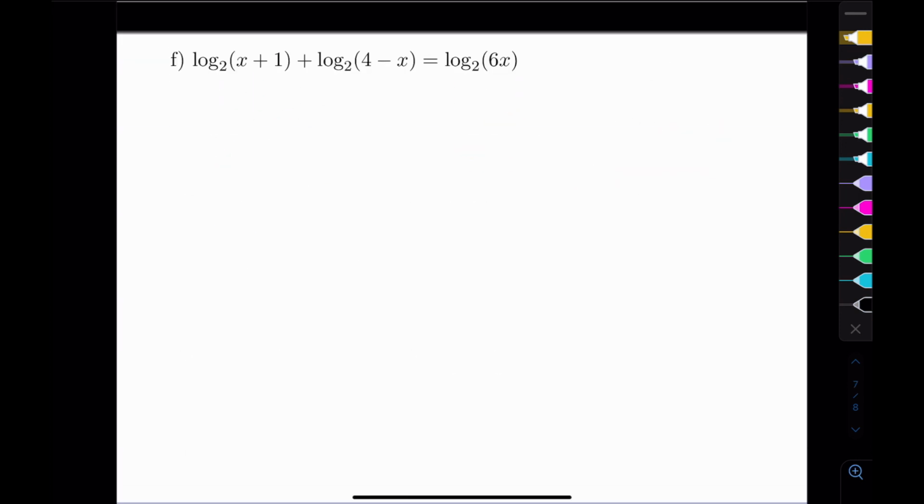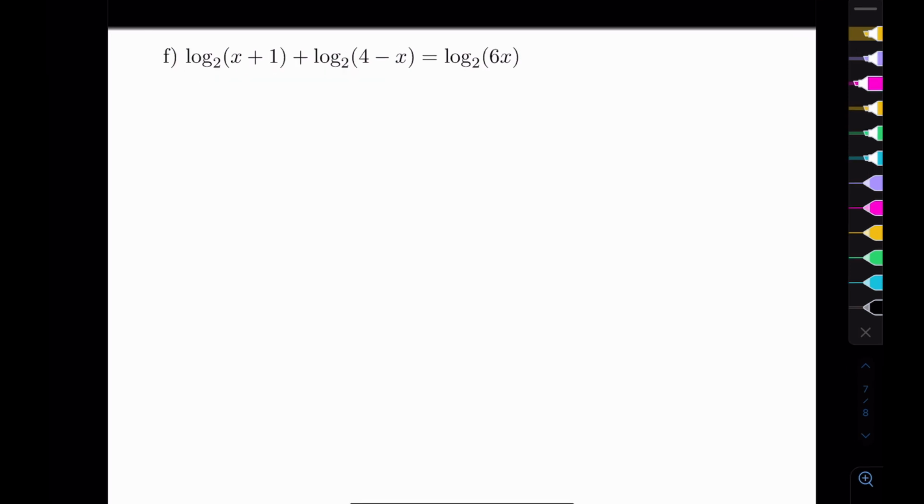Now for these next couple, we get a little bit funkier purely because we have a lot of logarithms going on. I can't set insides equal because I don't have log base 2 on the left equals log base 2 on the right. So unfortunately, I've got to do a little bit more work before I can set insides equal.